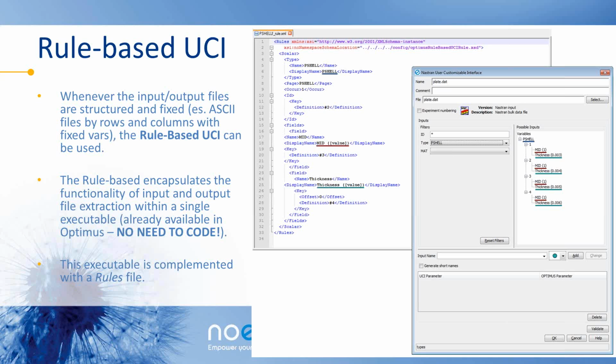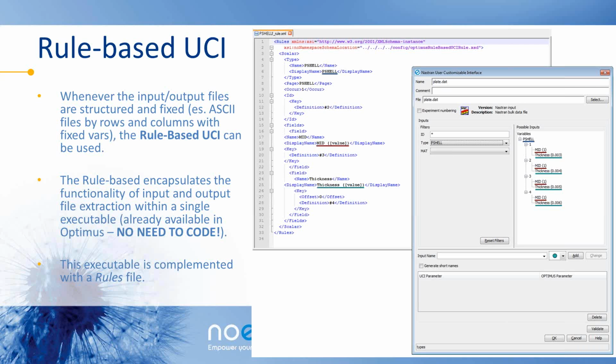So, for example, suppose that we have a solver that gives out only the displacement and is formatted in the same way, and we only want to extract, for the rest of the life of our UCI, the displacement.